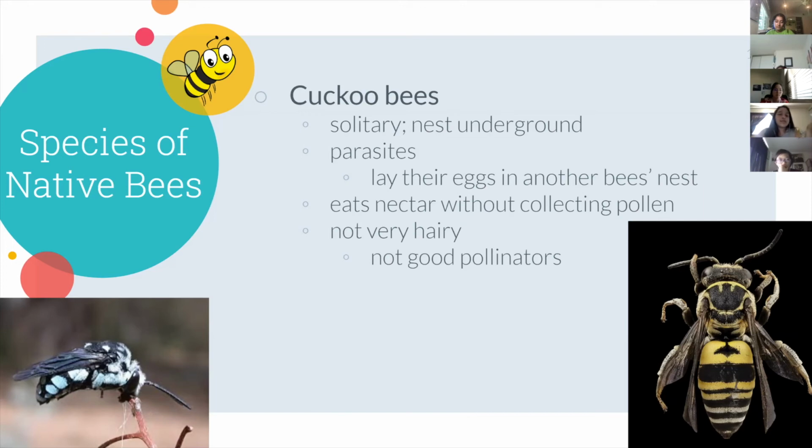One thing about them is that they're not very good at collecting pollen, so they kind of cheat, where they will get the nectar from the plant, but because they're not very hairy, they won't collect pollen and help plants reproduce and perform pollination. These types of bees are also parasites, which means that they lay their eggs in other bees' nests, and therefore they're not very good pollinators either. Next slide, please.